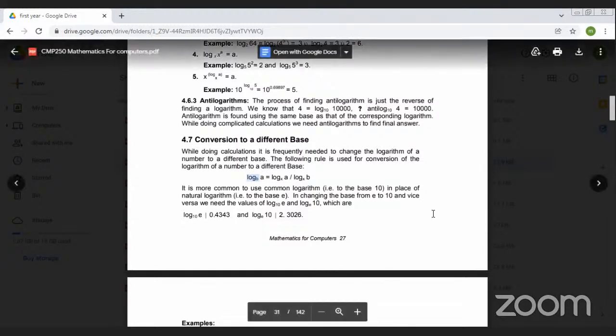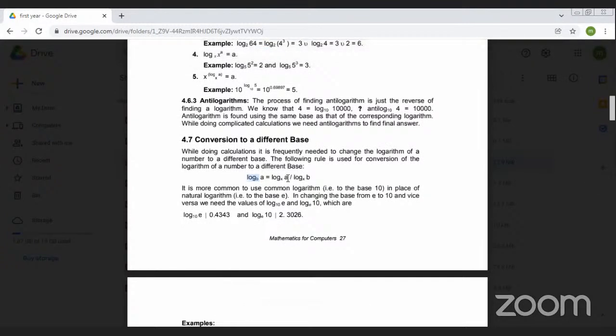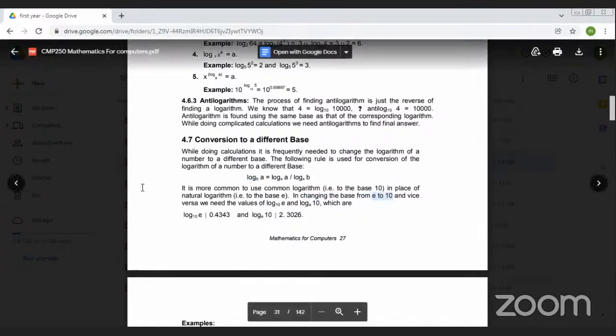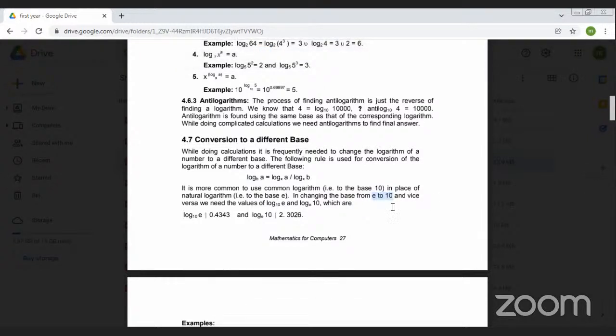So you need to add one more base. And originally, which base do we add? That is 10. Log to the base 10 or else e. See, in changing the base, it should be from e to 10 or vice versa. Vice versa means it should start from 10 up to e.